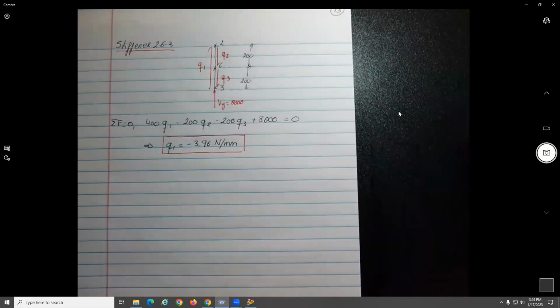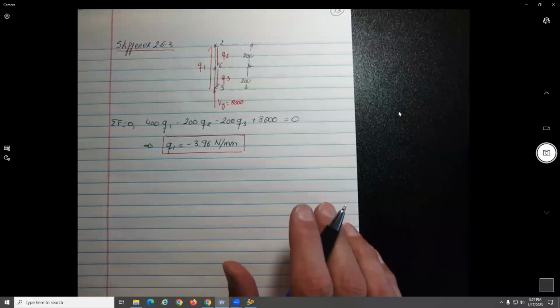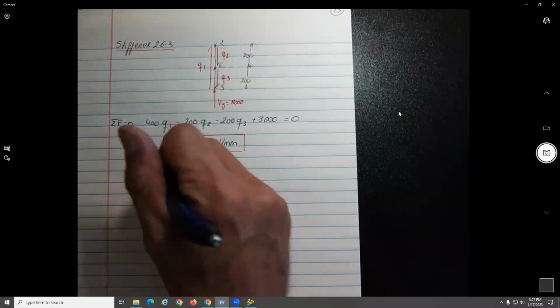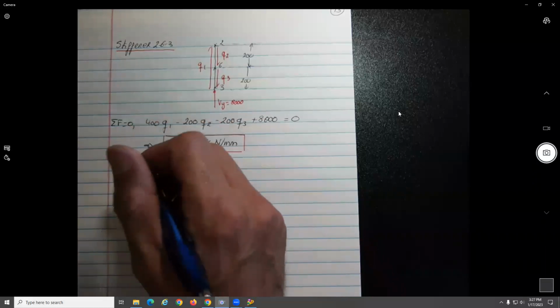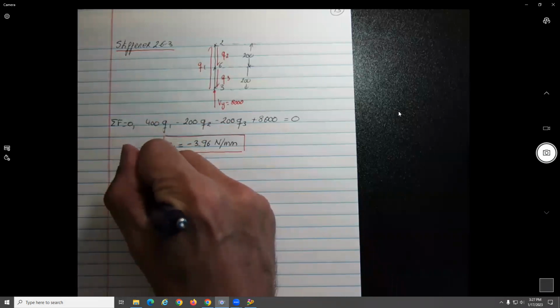So once again, in this problem the numerical value is not that important. The important part is the little sketch I'm going to do next. So in your conclusion, let's say we have our problem.